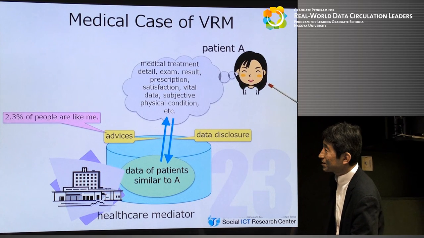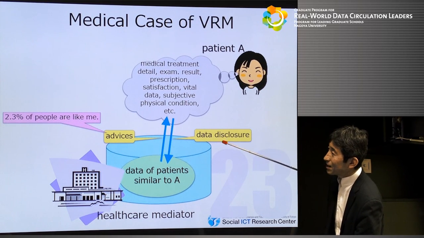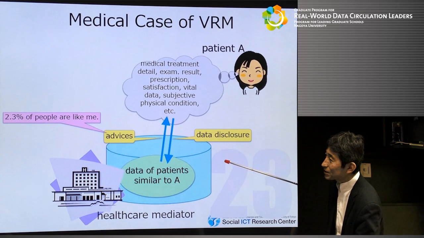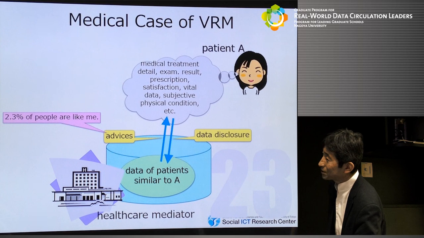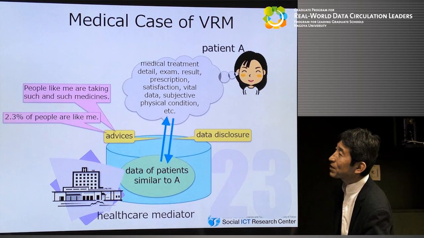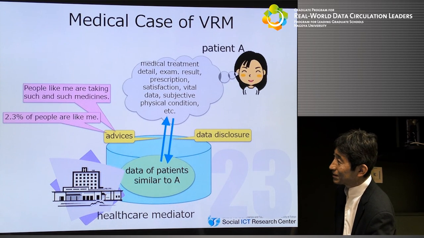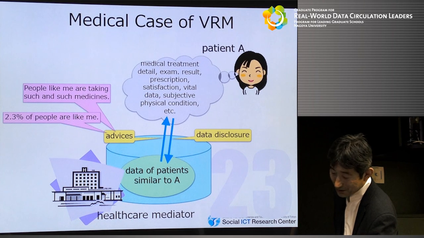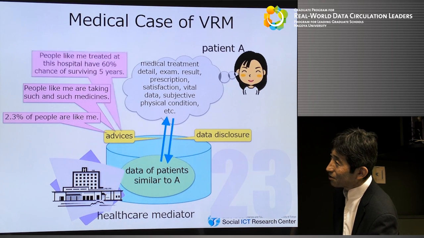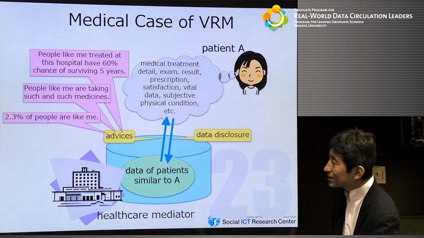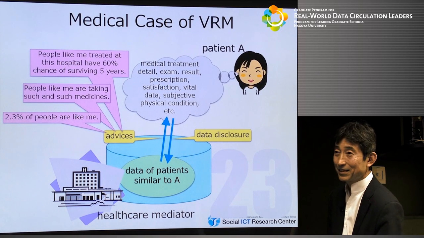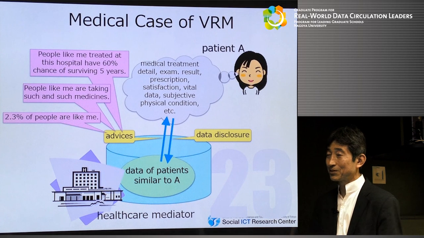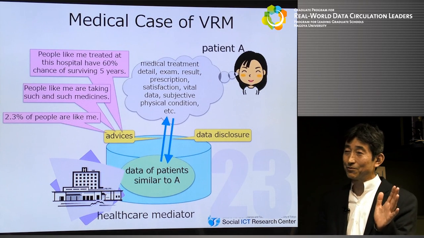So she would know that 2.3% of people are like me in terms of my body or healthcare condition. Or people like me are taking such and such medicines and doing quite well. Or people like me treated at this hospital have a 60% chance of surviving 5 years, right? That would be very useful information to select the right hospital for you.